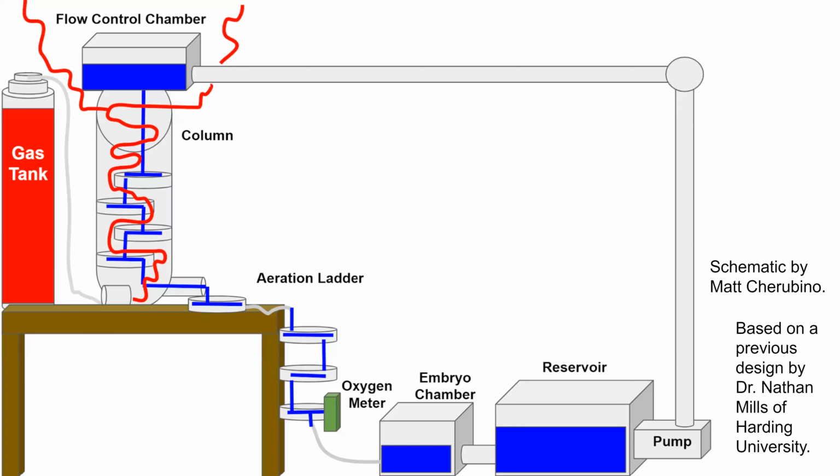We're also working on a deoxygenation column. This was a schematic I designed, which shows water being deoxygenated through the column and then reoxygenated through an aeration ladder to a specific, wanted concentration that we can rear the embryos in. There is a known oxygen exchange that occurs between the symbiont, the algae, and the embryos.